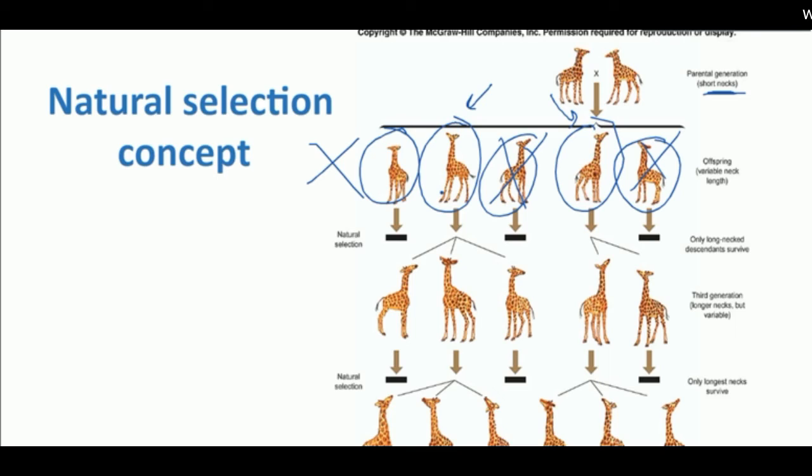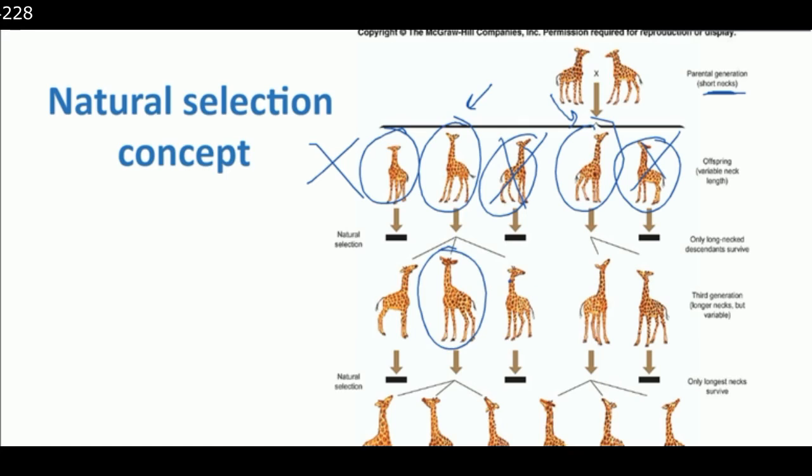They can take the food from the taller trees. Sooner or later, in that population there is a shift. Earlier more short-necked giraffes were present and fewer tall-necked giraffes, but now, due to natural selection, nature selects tall-necked giraffes to survive and to reproduce, because they can eat their food, but short-necked giraffes cannot. So the tall-necked giraffes are selected.